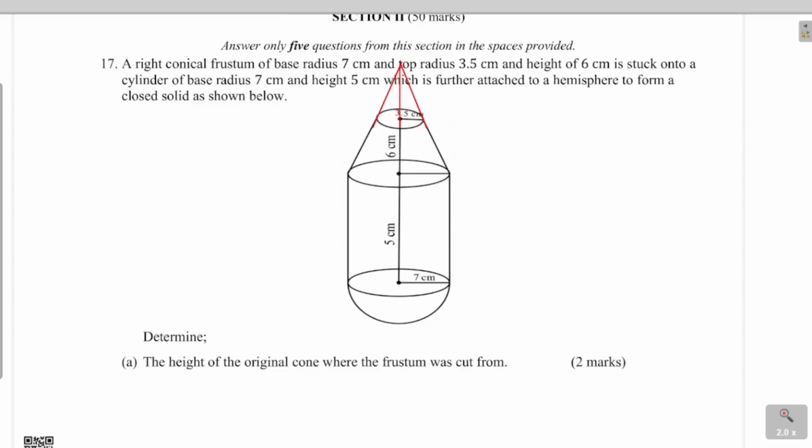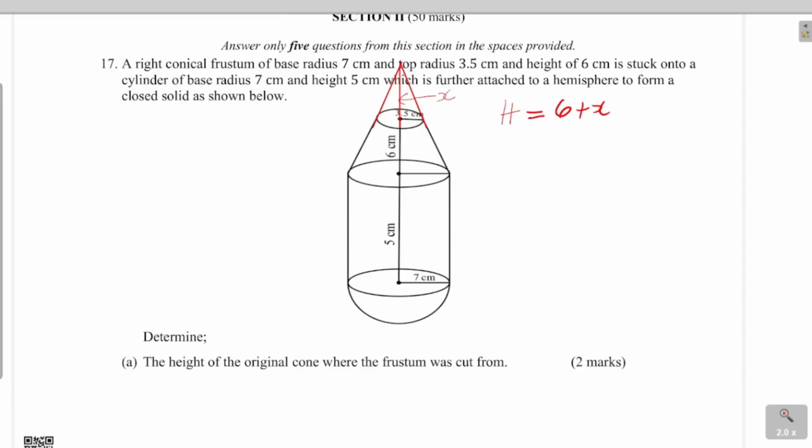We have two cones, the larger one and the smaller cone at the top. So we can let the small height be represented by x, so that the larger height will be 6 plus x, running from this point to the top.